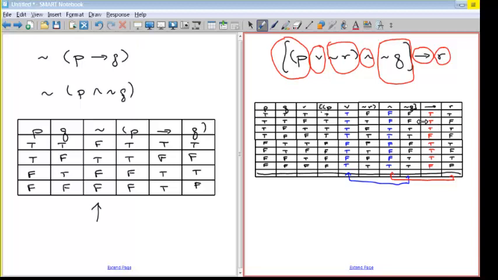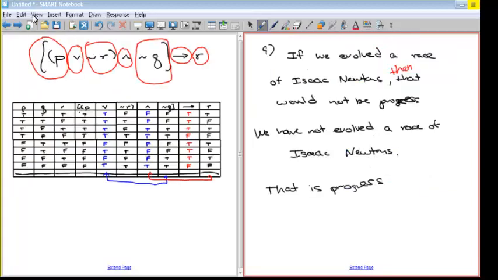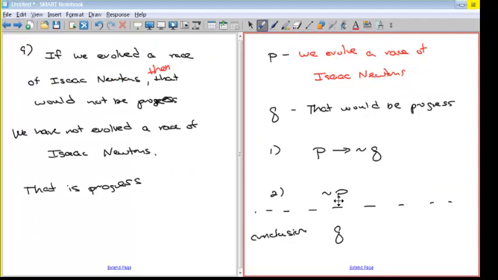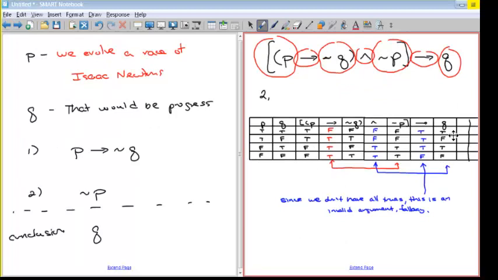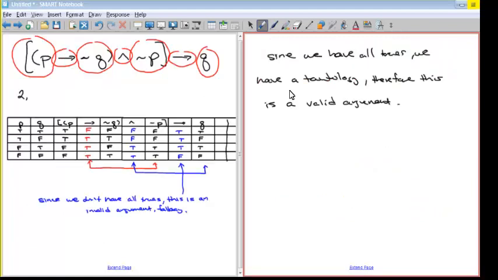It doesn't have to have all truths, just get the final result. And then you have to take a logical expression, convert it to symbolic logic, create the full logic statement, complete the truth table, look at the results. It's one or the other. It's either all truths or it's not.